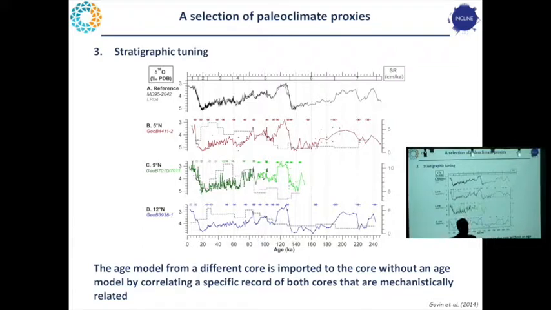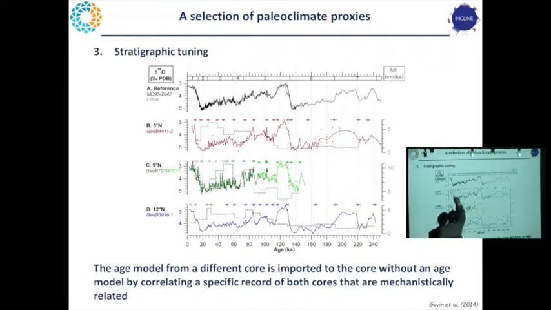This is because the benthic foraminifera living here and here and here were suffering, if you want, from the same global changes as those. So continental ice was increasing or decreasing, and they were recording the same effects on delta 18O composition.